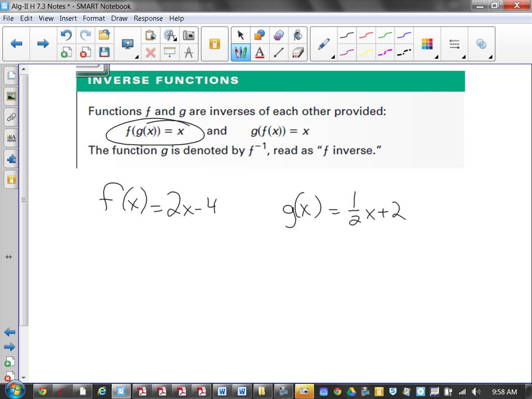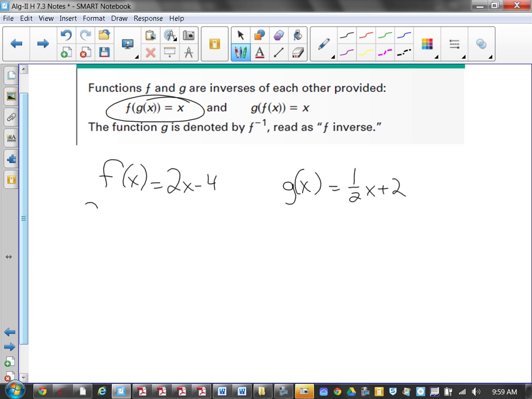And what I want to see is, are those two equations inverses of one another? If I take one and substitute it into the other, simplify out and I get x, and I do the same thing with the other one and I get x, that means those two equations are inverses. Okay? So here's what happens.